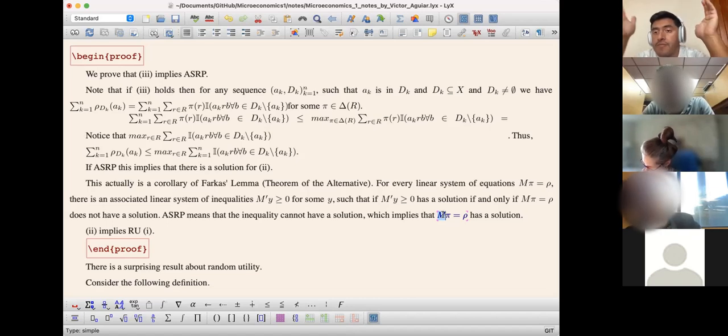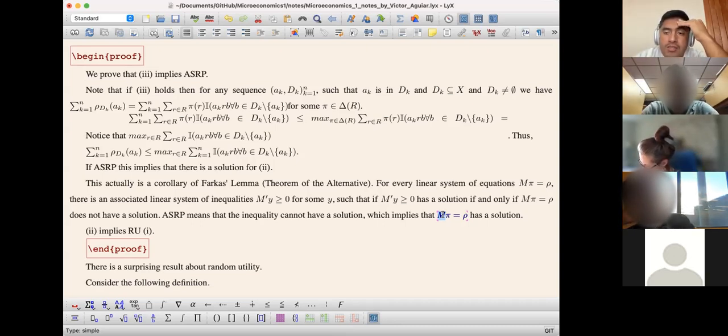In the same way, if the system of equations in the original one, M pi equal to rho, does not have a solution, then the system of inequalities will have a solution. So the Farkas lemma essentially says that you can check whether a system of equations has a solution or not by checking the mirror image question in an associated system of linear inequalities.